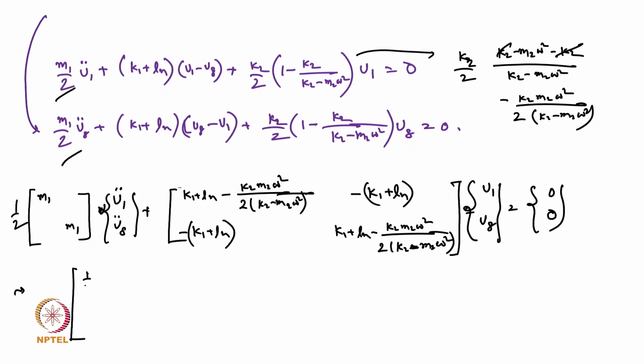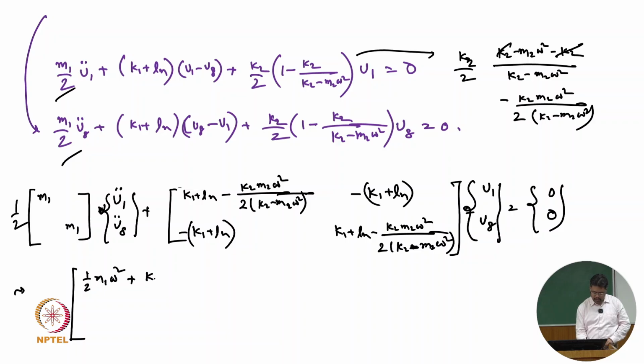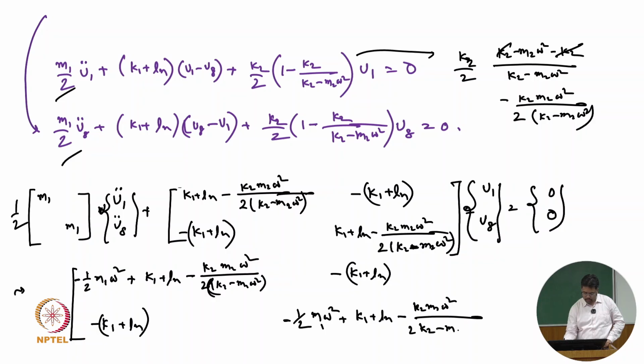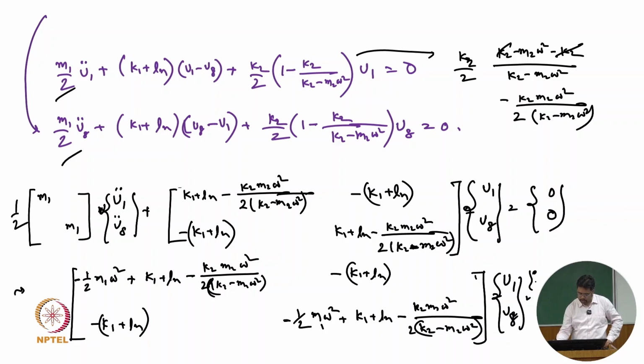So we can just put it like: half of (m1 omega square plus k1 plus ln minus k2 m2 omega square divided by 2 into (k2 minus m2 omega square)), minus (k1 plus ln), minus (k1 plus ln), and half of (m1 omega square plus k1 plus ln minus k2 m2 omega square divided by 2 into (k2 minus m2 omega square)), multiplied by u1, u8, that is equal to 0, 0.